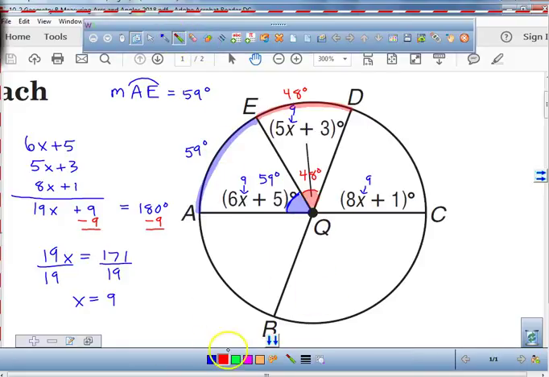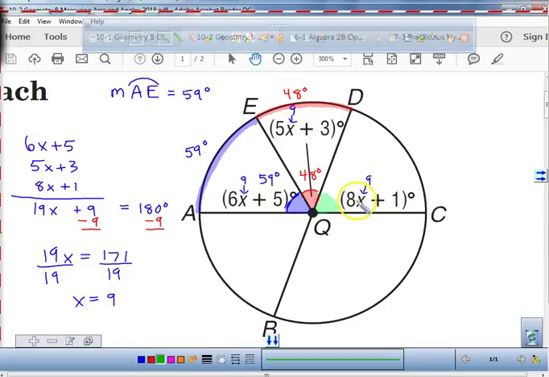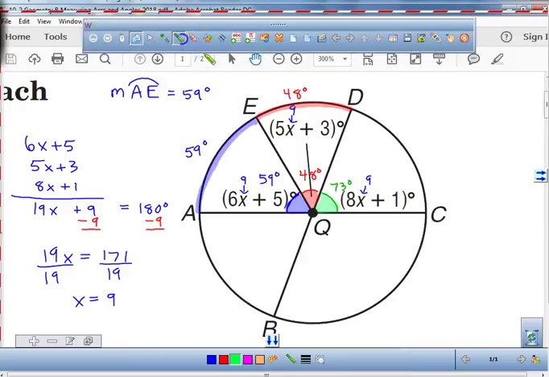Last but not least, we're plugging in a 9 to find the measure of this. How many degrees is this going to be? 8 times 9 is 72, plus 1 gets us 73. So this central angle is 73 degrees, just like its corresponding arc right here will also equal 73 degrees.